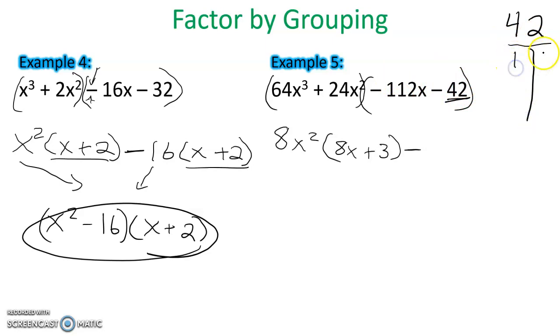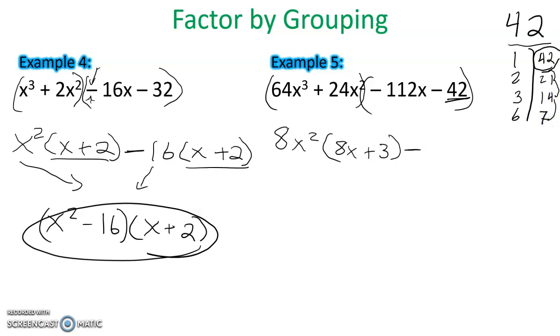You got yourself 1 and 42, 2 and 21, 3 and 14, 4, no, 5, no, 6 and 7, and that's basically it. And then from there, you start with the largest one, the 14, and you just work your way down. See which is the largest one that works.